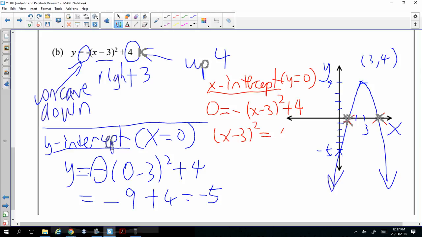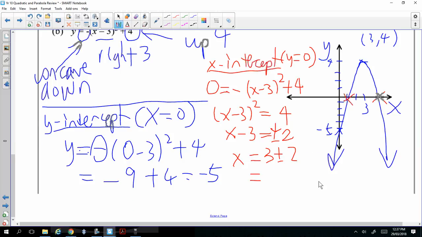So you get 3 plus 2, which is 5, or 3 minus 2, which is 1. So it crosses at 1 and 5 as your x-intercepts. Alright, done. And then there's another one we're going to do, which is different, which is not about shifting.